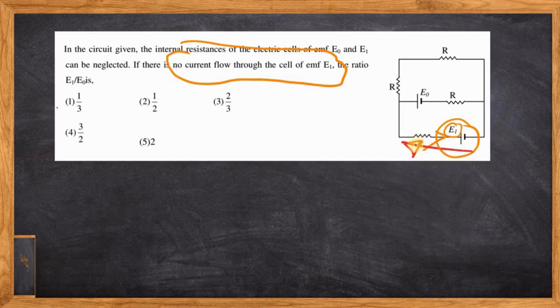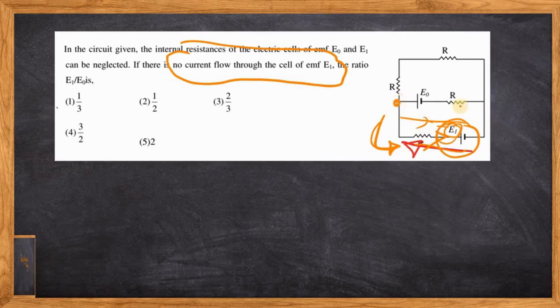But if there is no current, there must be another electromotive force in the opposite direction, and both have to be equal. So the force in this direction is E1, so the force in the other direction should also be E1.